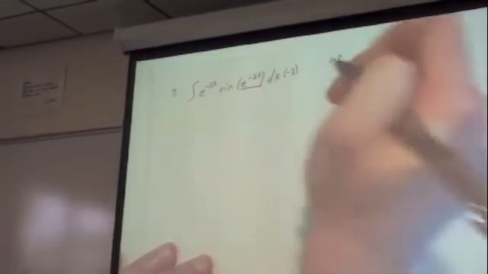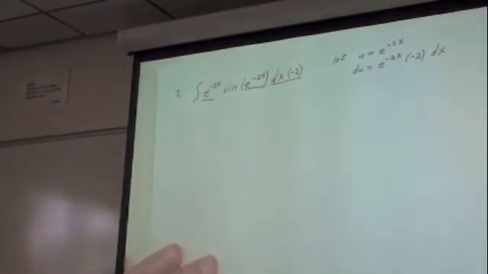And that's with respect to x. So I don't see that negative 2 inside the integral. So I say, okay, then put it. I'll plug in a negative 2 inside the integral, and all of this is going to become du.